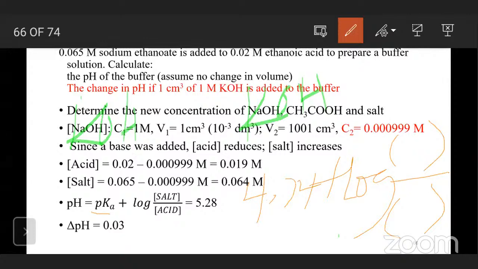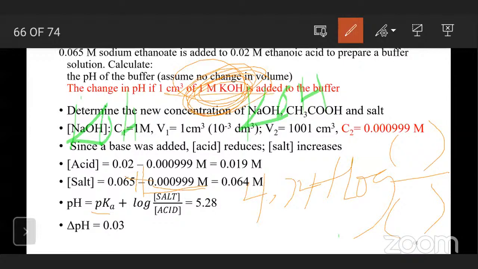The concentration of the salt is what we calculated by adding the number of moles of the base in the new buffer solution after we have introduced the KOH.